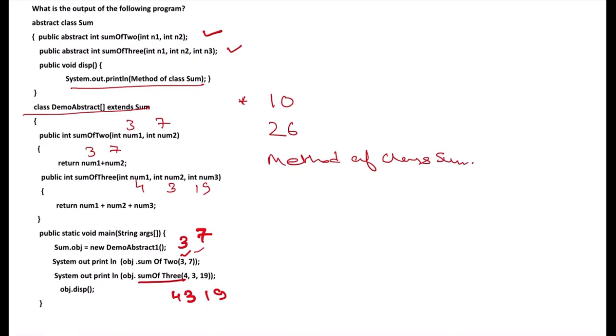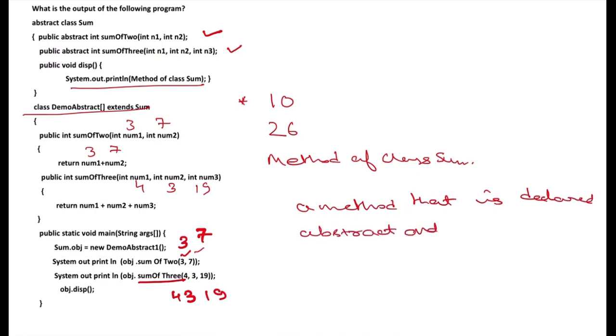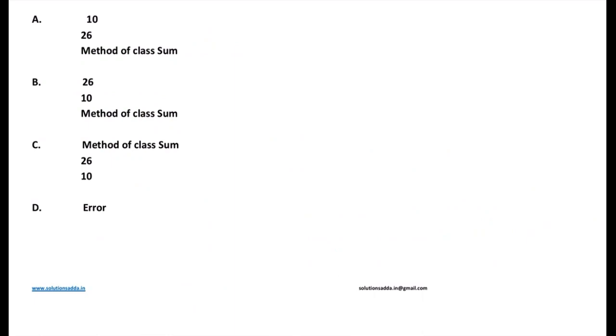An abstract method is a method that is declared abstract and doesn't have any implementation. So first sum of 2, then sum of 3, then moving back to the parent class, method of class sum is printed. Therefore the correct answer is option A, 10, 26 and method of class sum.